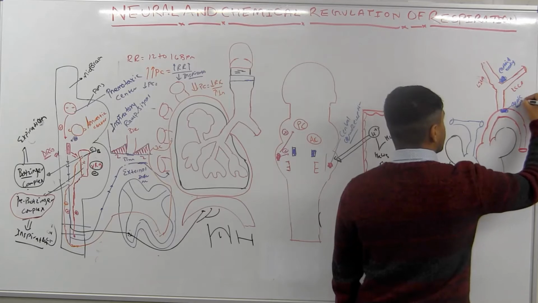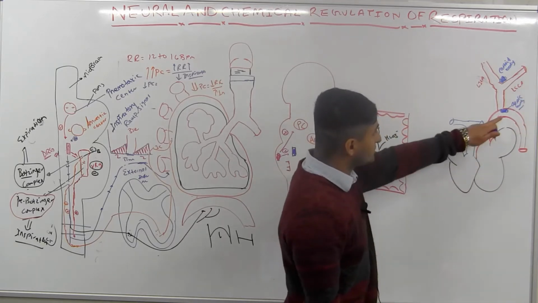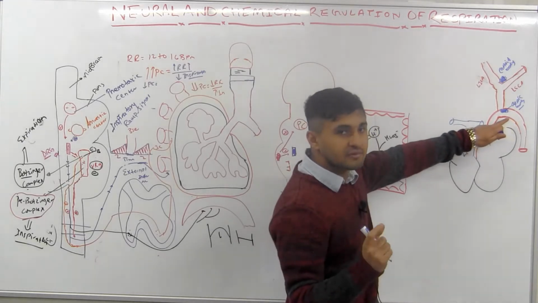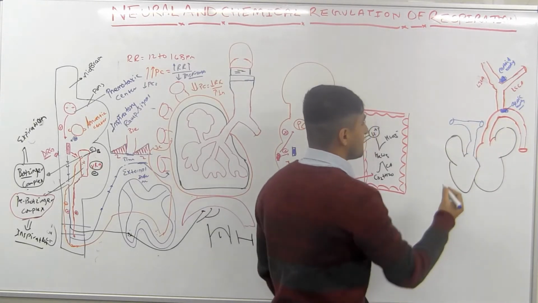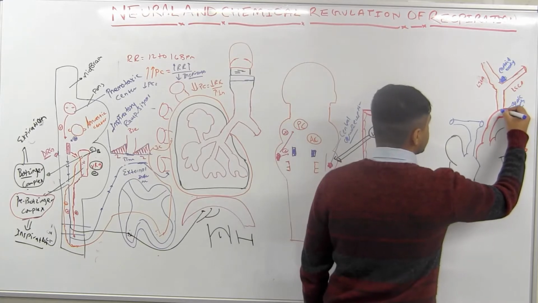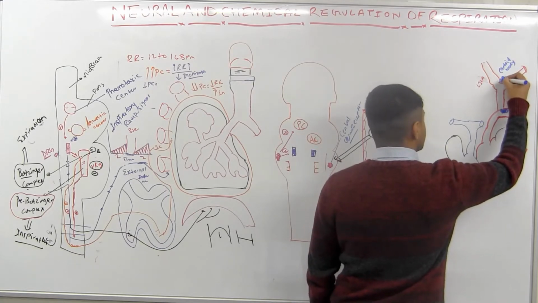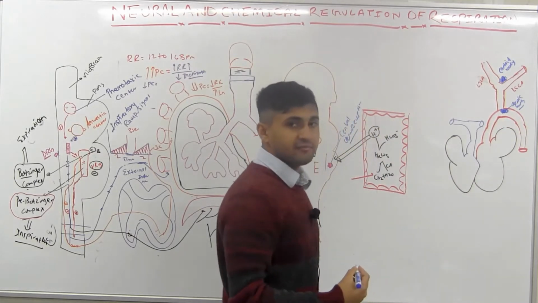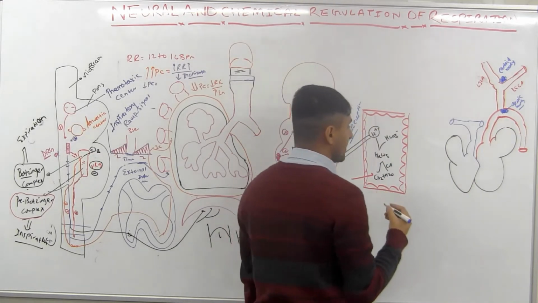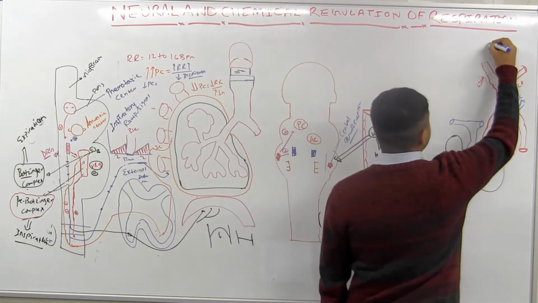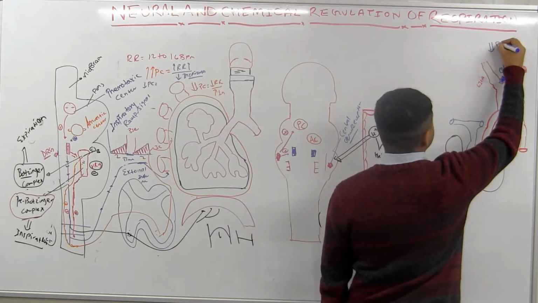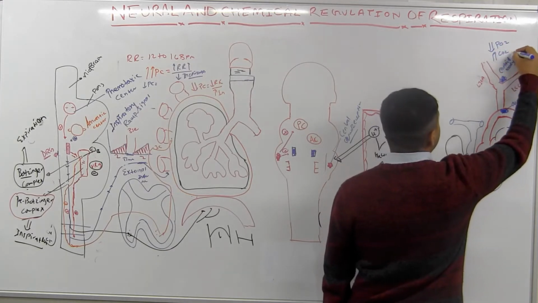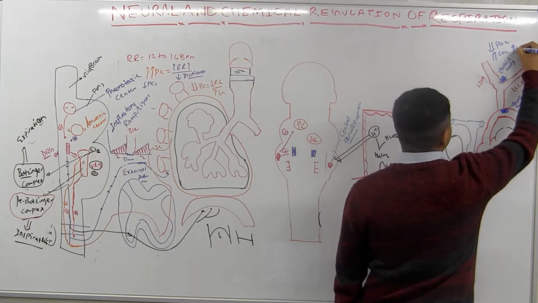Okay, and this bunch of cells is very, very sensitive to chemical composition, chemical sense, and we'll talk about that too, right? These are a group of cells which make up the body, and they're very sensitive to a couple of things, and I'm going to write it down. These guys are very sensitive to the partial pressure of oxygen, and then high levels of carbon dioxide, and also high levels of your proton, okay?